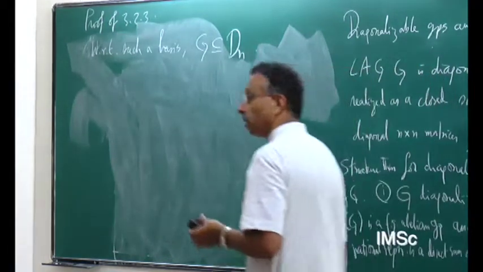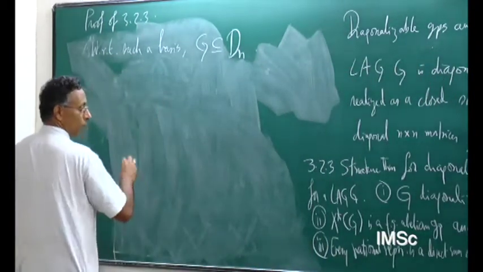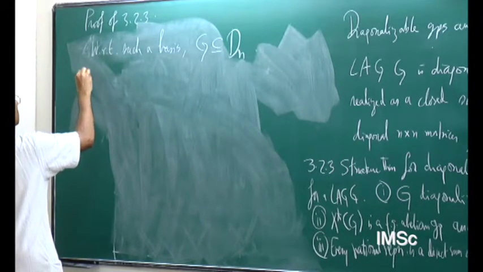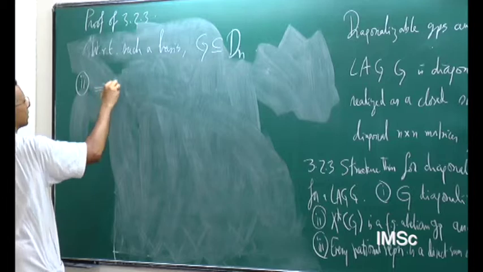Now let's do the part that is the most difficult: 2 implies 3.